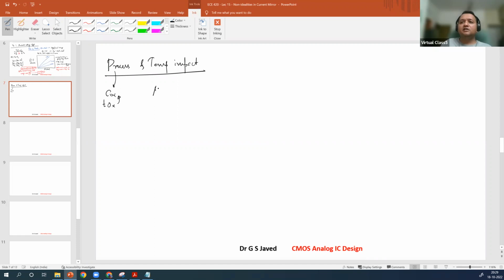Next, with the temperature, your mobility will be impacted. So both temperature and process are going to have an impact. Now, can we justify that? K is equal to mu n C-ox W over L, right?